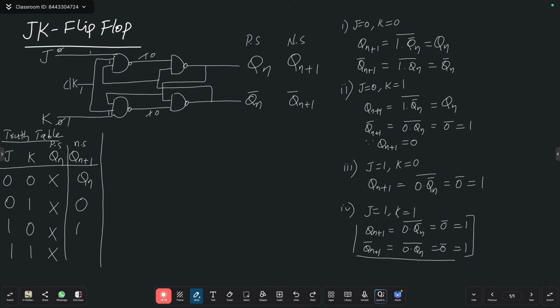In this case, Qn plus 1 equals to, what do we need to do? Just observe here. Qn we are calculating, then what is going to happen? Just come to the line. Here I will take red.